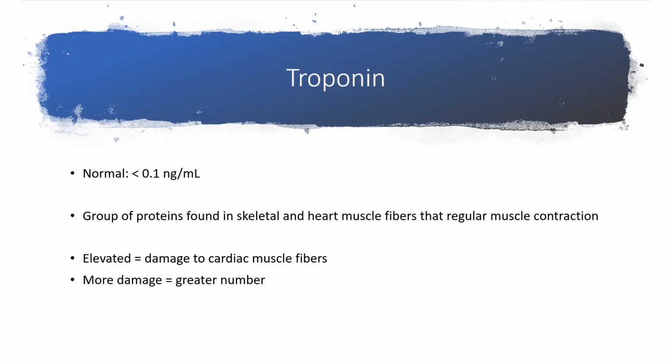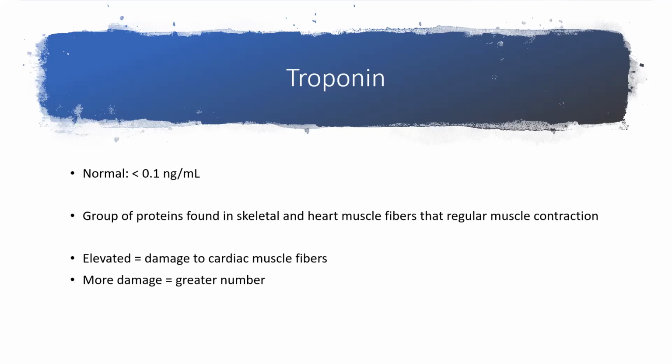Because as the heart muscle continues to die or become damaged, those numbers will continue to elevate. And so oftentimes you will see that troponins are trended over time. If they notice a significant rise in troponin, these are the patients that immediately go to the cardiac catheterization lab, because there's some sort of heart attack happening right now.